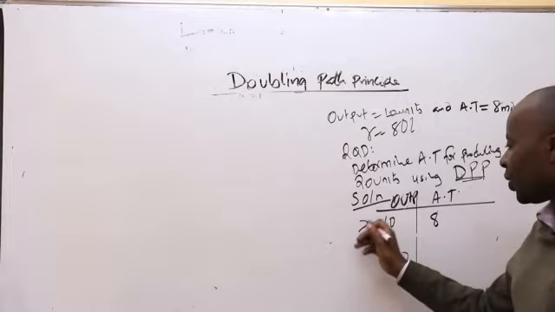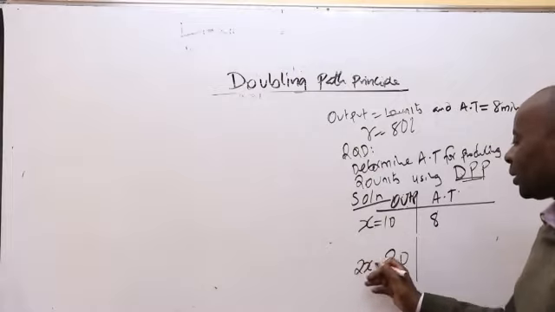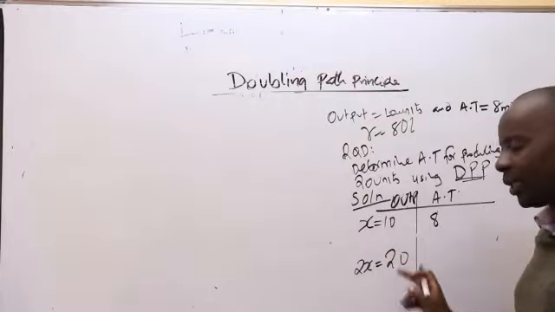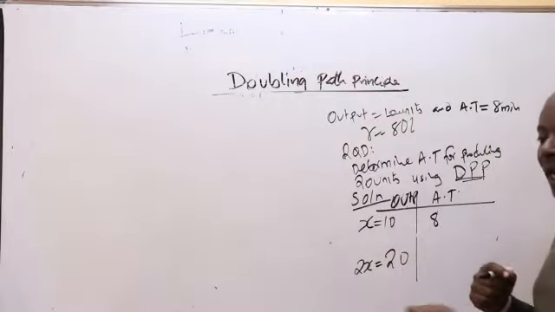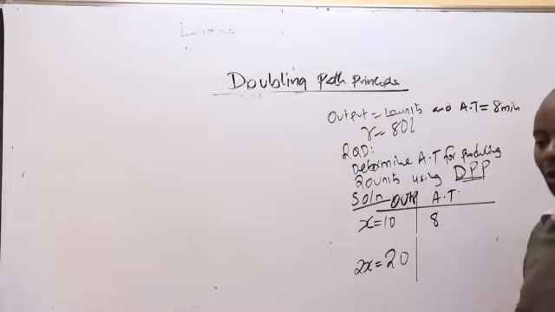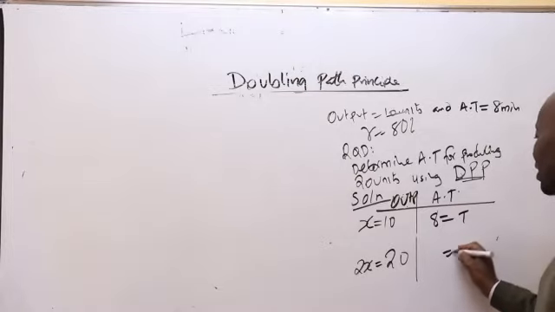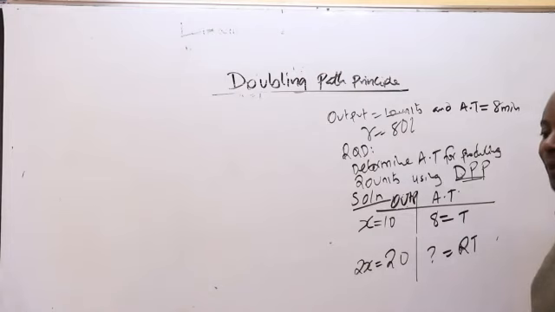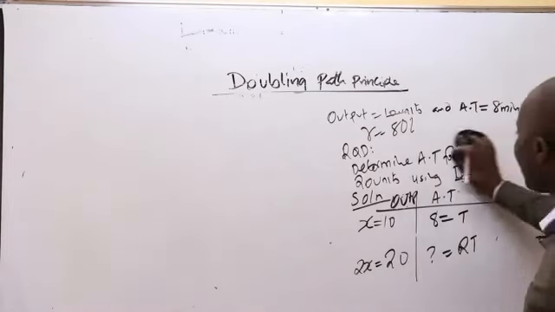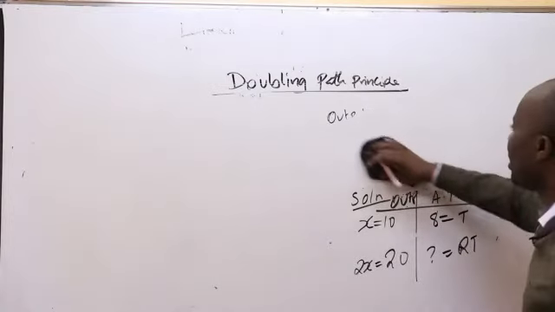So remember, this is x and this is 2x. If you take 2 times this, you'll get 20. Meaning that the times must also have some relationship. This will be t, and this one here will be RT. So give us the value of RT.